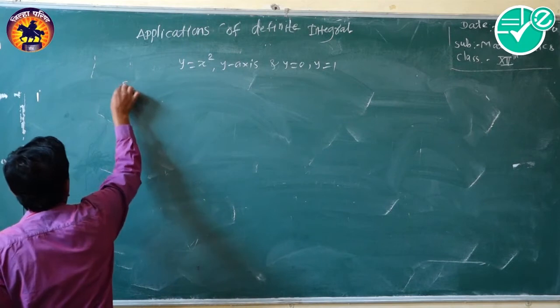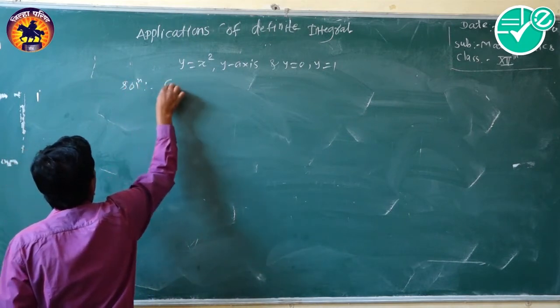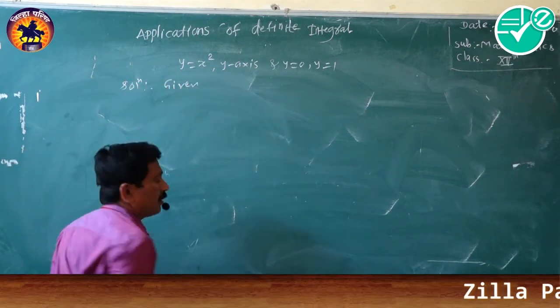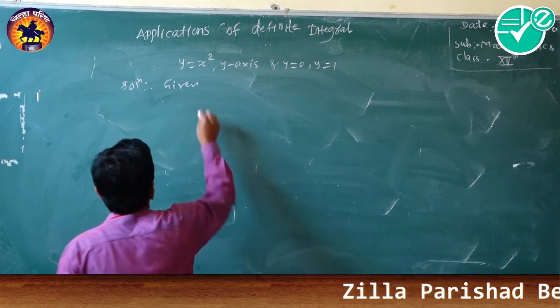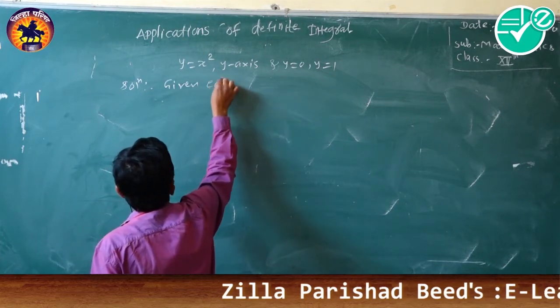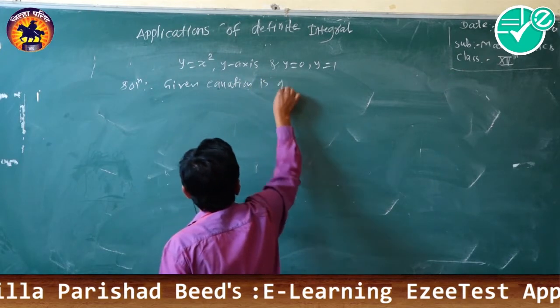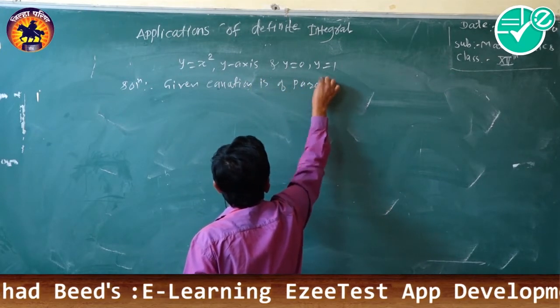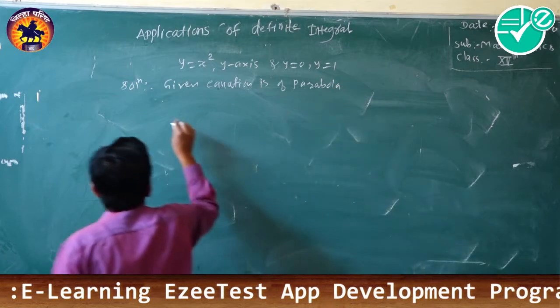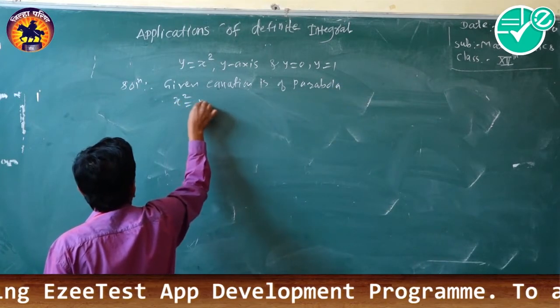Now solution: given equation is of a parabola, x square is equal to y.